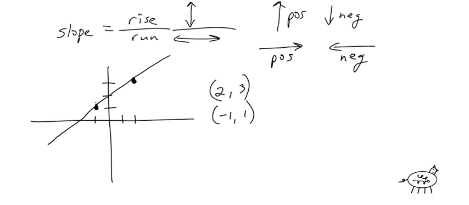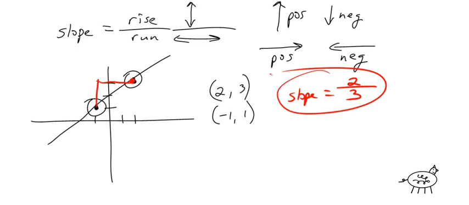So I'm going to go from this point right here to this point right here. Do you guys agree that I am going to rise 2 units? So slope equals rise 2, and I'm going to run 1, 2, 3 to here. So I'm going to run 3. My slope is 2/3. It's positive, and you knew that because it was going uphill left to right, but now it's positive 2/3. Okay? It's pretty easy to figure that out.